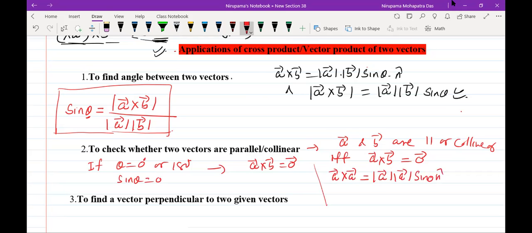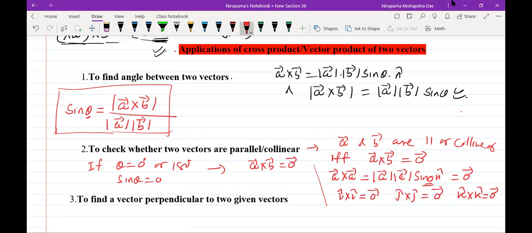Sine 0 is 0, so you will get a 0 vector here. And going in the same line, I cross I equals 0 vector, J cross J equals 0 vector, and K cross K equals 0 vector.